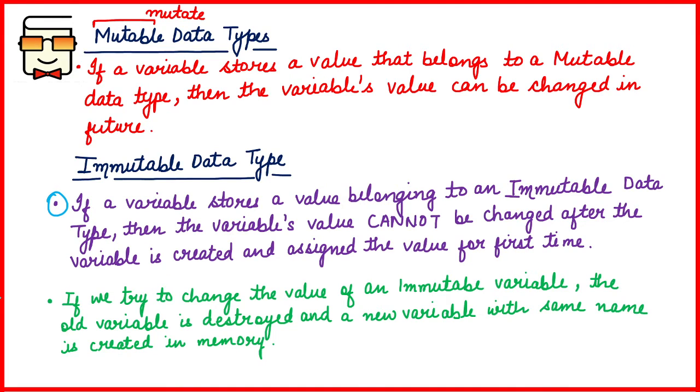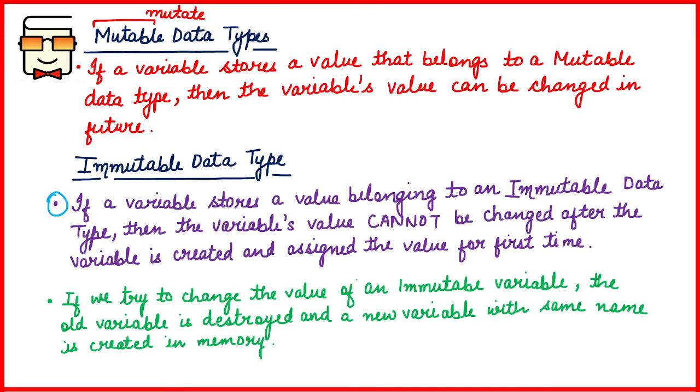Okay, and if we try to change the value of such a variable, which is immutable in nature because it holds a value belonging to the immutable data type, then the Python interpreter internally, without explicitly telling you what it does, creates a new variable having the same name as the old variable, and it destroys the old variable.